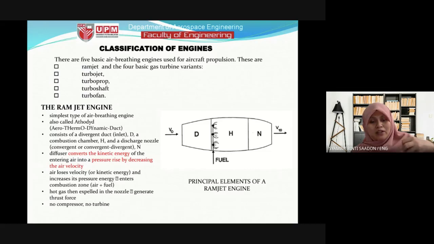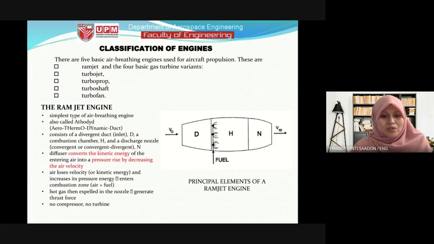Like I mentioned last week, it will be stopped adiabatically, ideally adiabatically, and in order to do that we need a diffuser. The diffuser makes the air lose velocity, or kinetic energy, and increases its pressure energy.